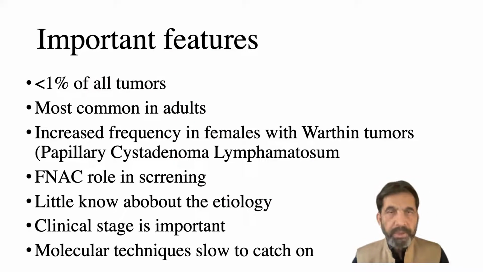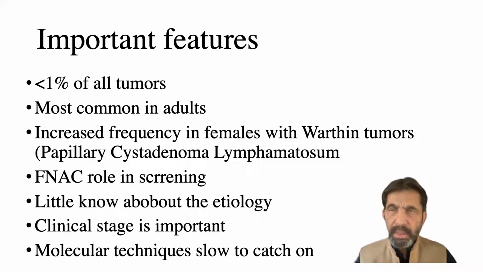Important information about the parotid salivary gland tumors: they comprise less than 1%, and most of them are in adults, but can be seen in children, especially the pleomorphic adenoma and the mucoepidermoid carcinoma, which occur almost 4 times more in females, except the Warthin tumor, which is called papillary cystadenoma lymphomatosum.